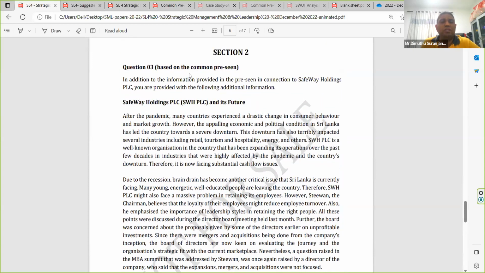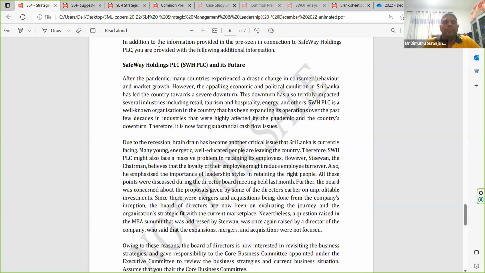Now we'll go through this also. First of all, we look at this pre-seen part, then we'll try to grasp quickly the unseen part. Question 3, based on the common pre-seen, in addition to the information provided in the pre-seen in connection to Safeway Holding PLC, you are provided the following additional information. Safeway Holding PLC, SWH PLC and its future.